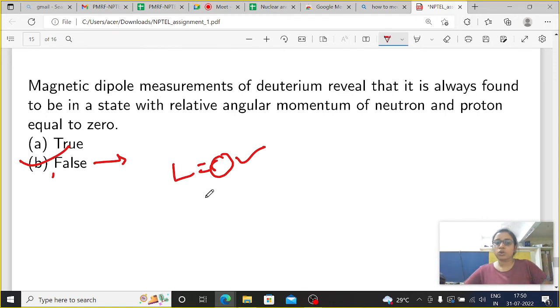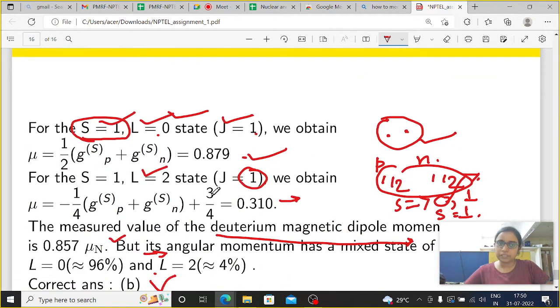Coming to the expression of the magnetic moment, mu has two expressions in two different configurations. The first configuration is L equals 0: if L equals 0 and S equals 1, then mu has the value 0.679.